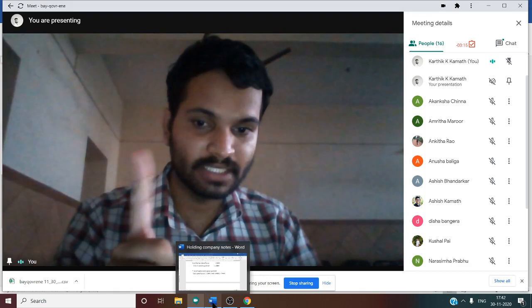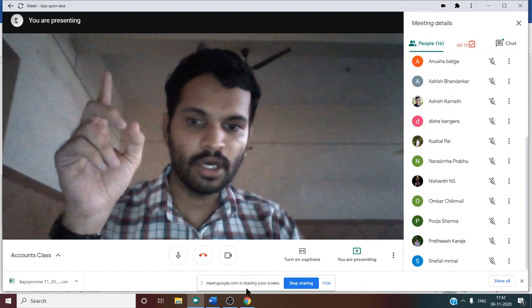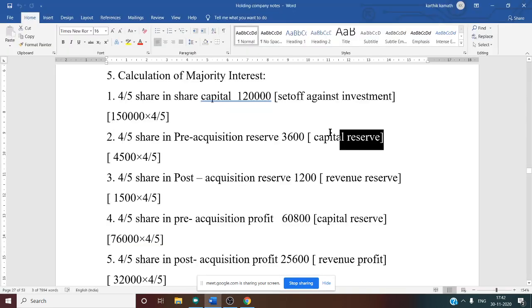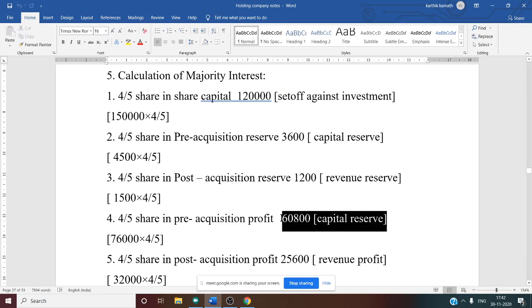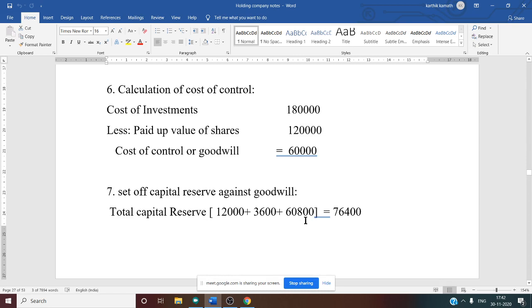Just see the majority interest working note once again. There we have written capital reserve, so take this 3600 and again one more capital reserve 60,800, that is nothing but pre-acquisition. So add both, 3600 plus 60,800, and one more 12,000 is there.